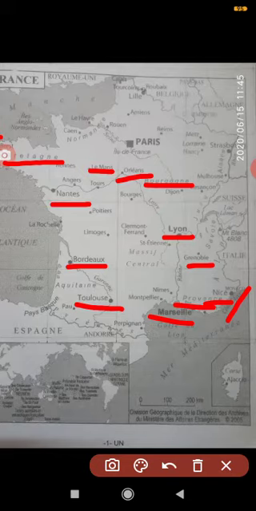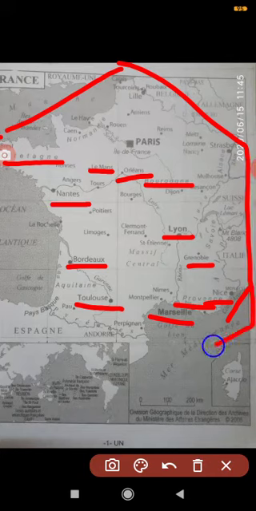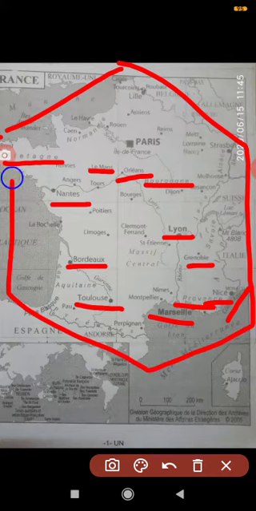Therefore, the map of France resembles a hexagon. Is that clear? Okay, so let's take it this way, and this way.